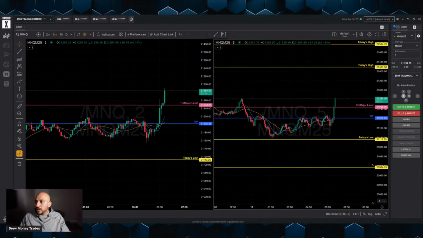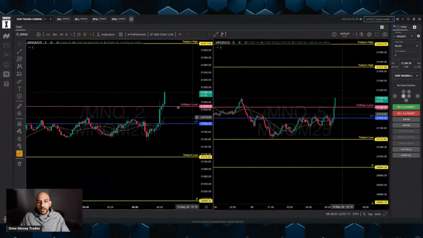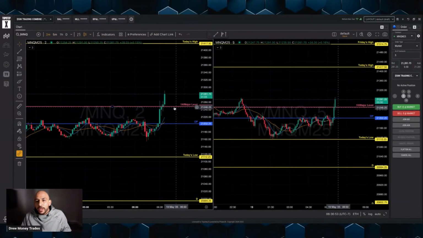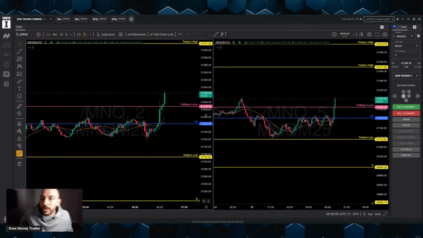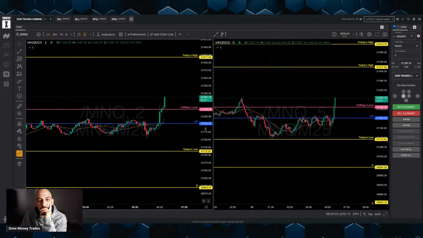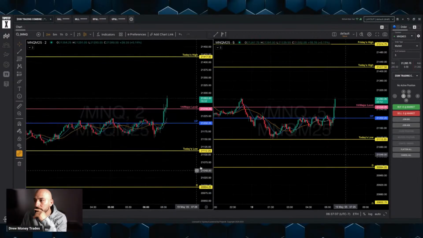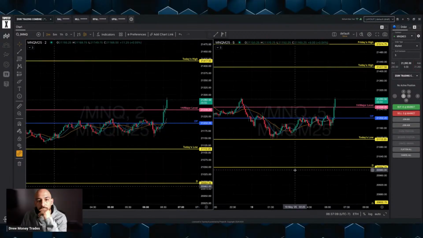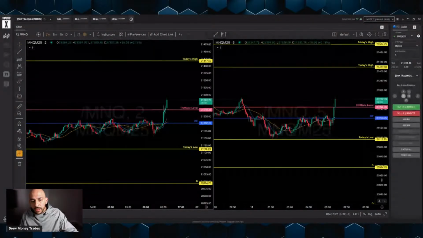Now, if the market is going to go higher, I need it to come back to retest this so I can get in. But we'll see. Let's see what happens.